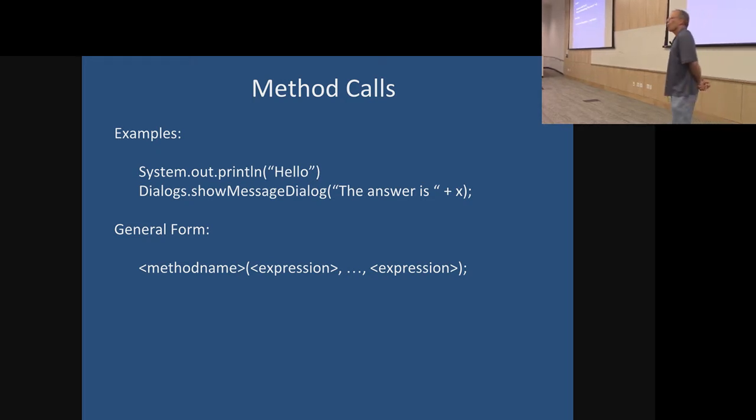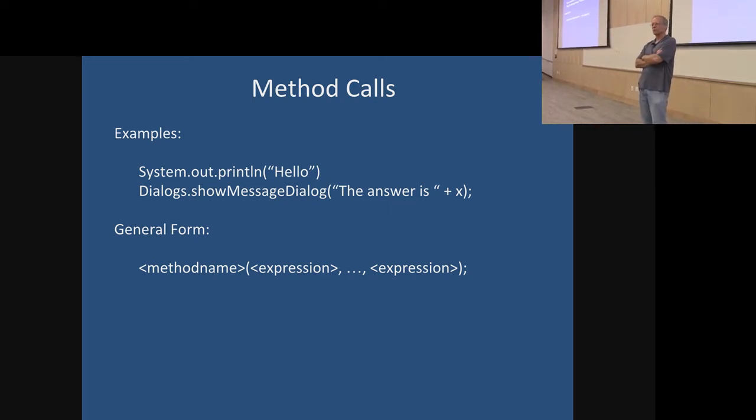So, suppose our method was not System.out.println hello. Suppose it was Math.sqrt of 7. What would that statement do? You said it would return the value, but no. Well, yes, it would cause the square root of 7 to be computed, and then that number would be thrown away.